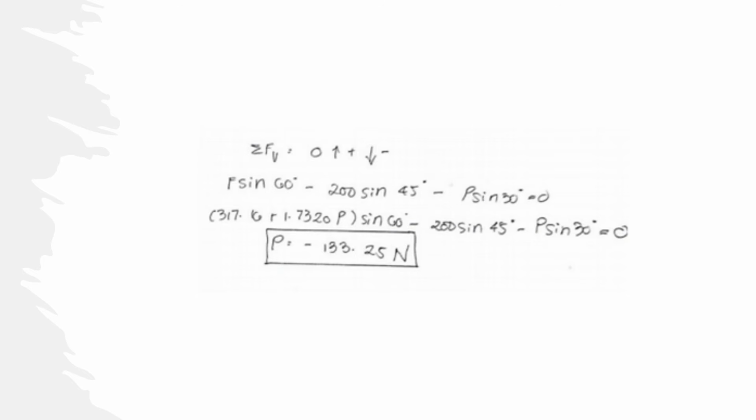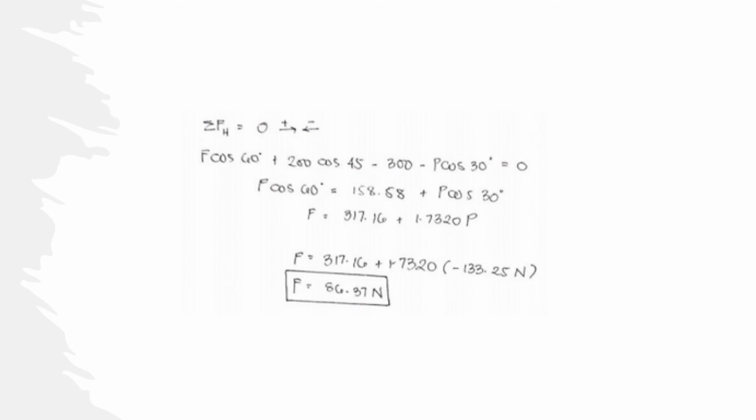Then P is equal to negative 113.25 newtons. So going back to the first equation, we need to substitute the value of P so we can get the value of F.